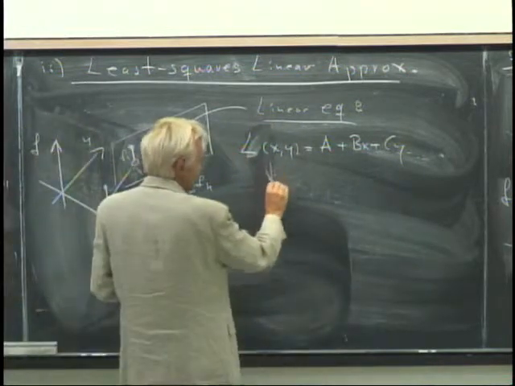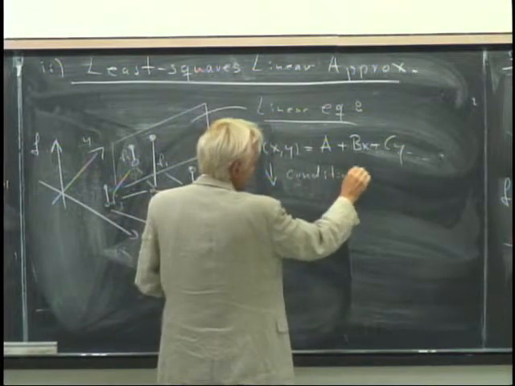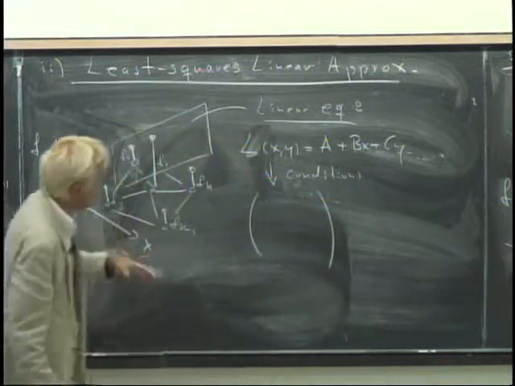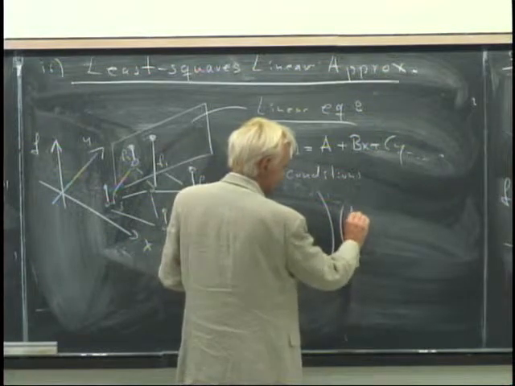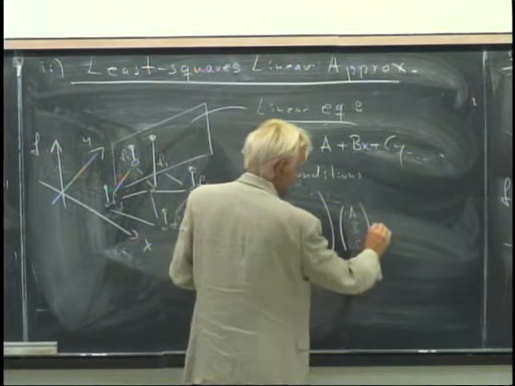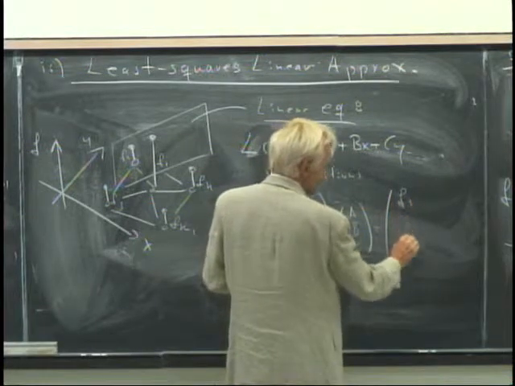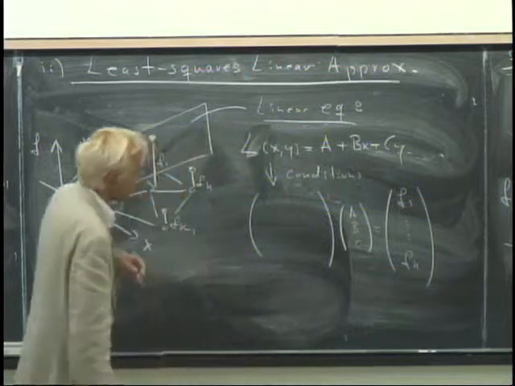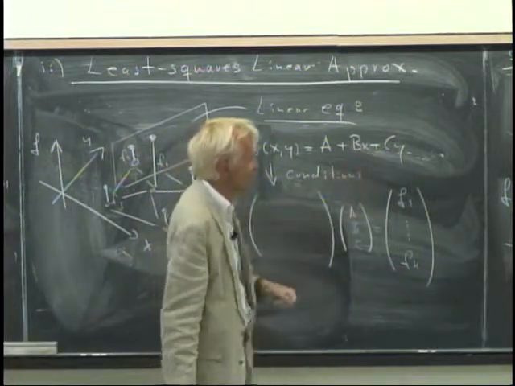I set up my conditions, my constraints, so I have all my sites. I have only 3 unknowns, a, b, and c. And I want to approximate the values f1 up to fk in the local neighborhood, local numbering. And then I plug the different sites in there with their xi, yi coordinates.